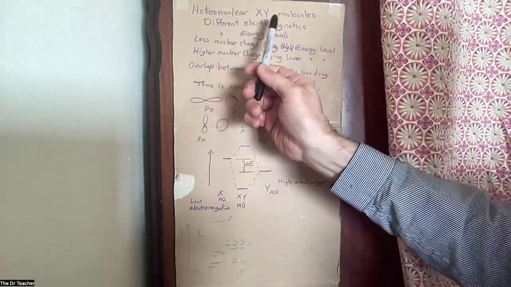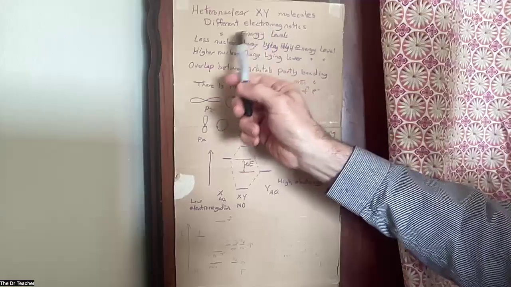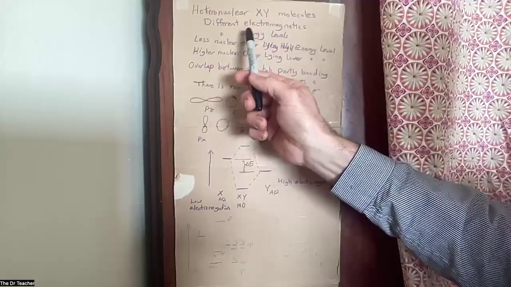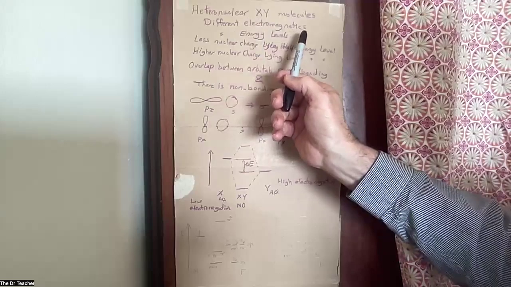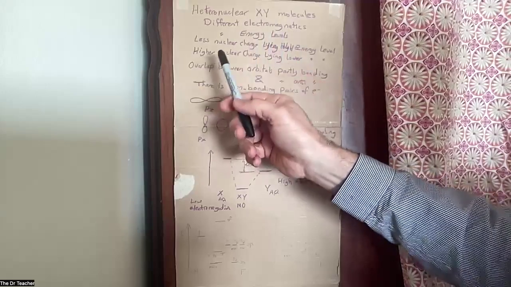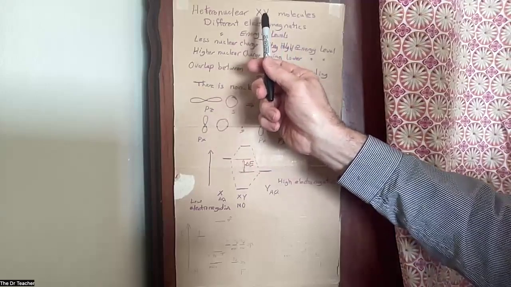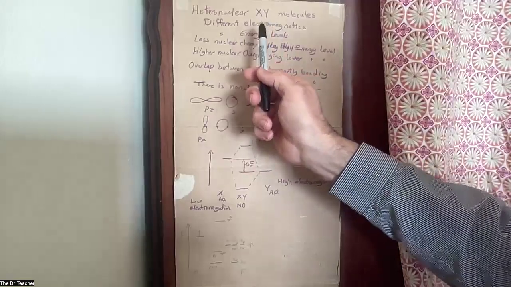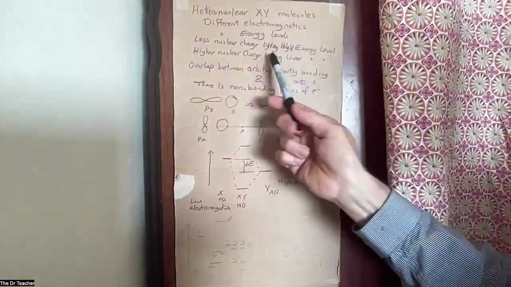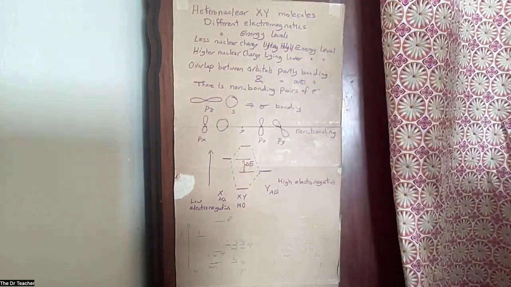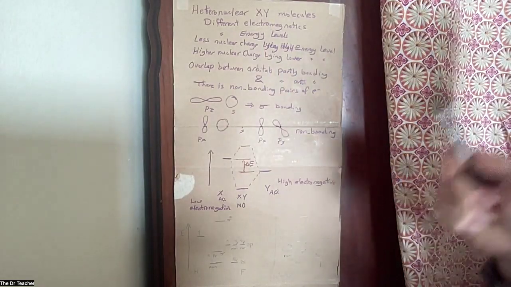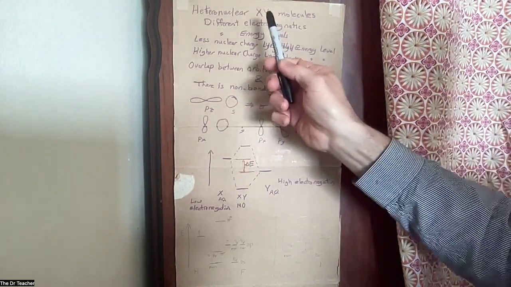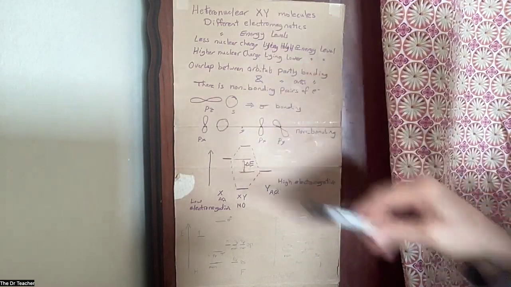So definitely they have differences in electronegativity for each one of them. If there is a change in electronegativity, it means they have a change in the energy levels when we put X and Y on the energy level diagram.